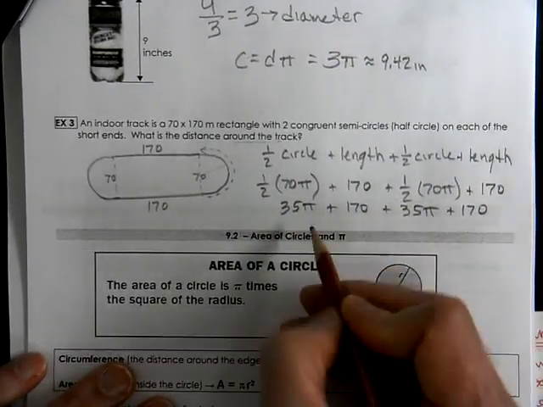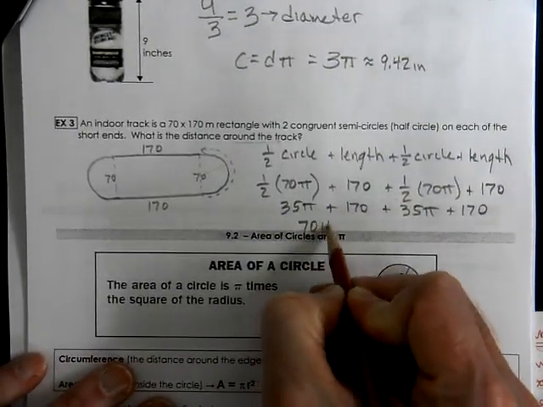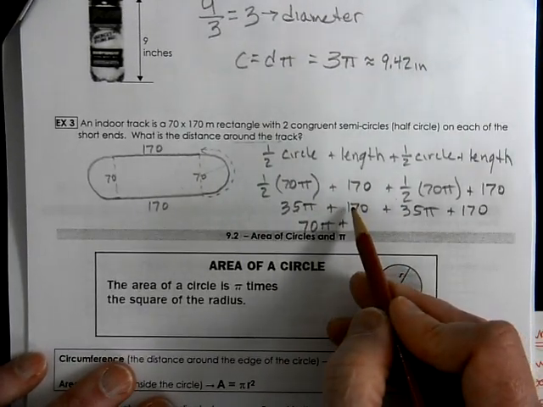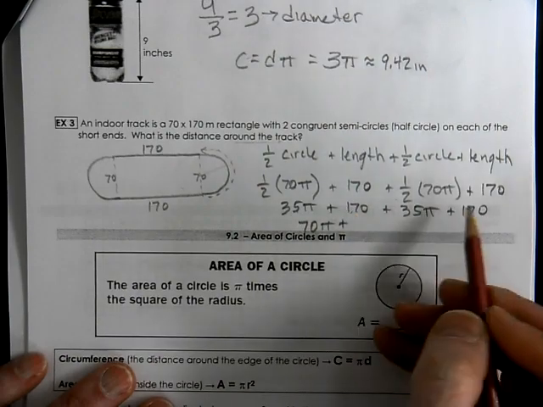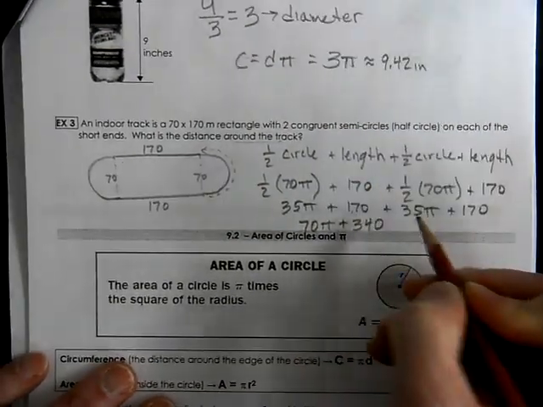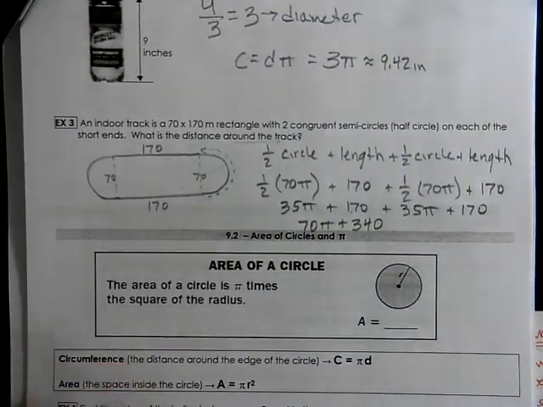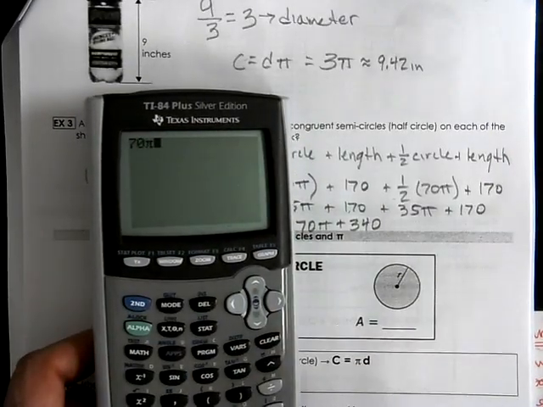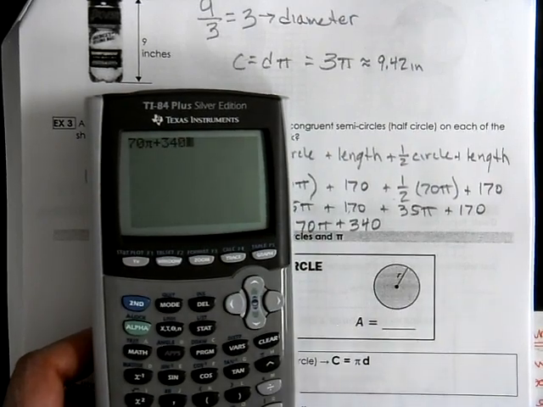So 35 and 35 is 70 pi, and 170 and 170 looks like 340. That would be our exact answer. It's a little complicated looking like that. So we could calculate that as 70 pi plus 340.